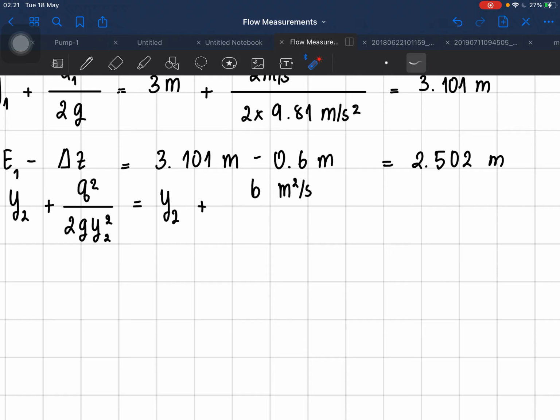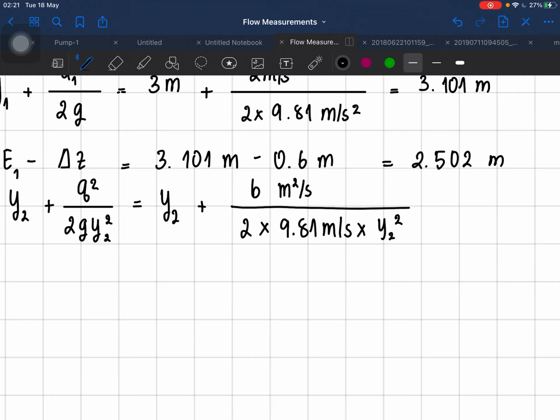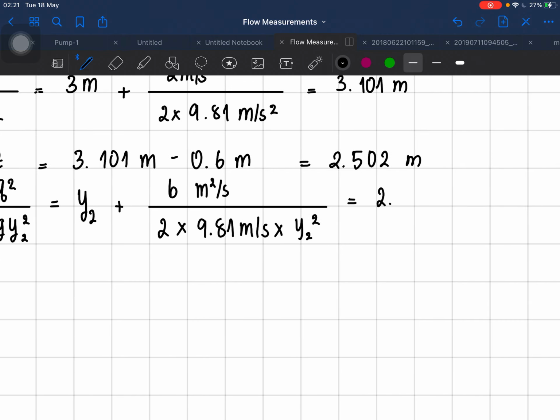So now we can find this one next. 2 times 9.81 meter per second squared times y2 squared, which we don't know yet. And then we can find this one. Oh, we don't have to find it because we already found it, 2.502 meters.